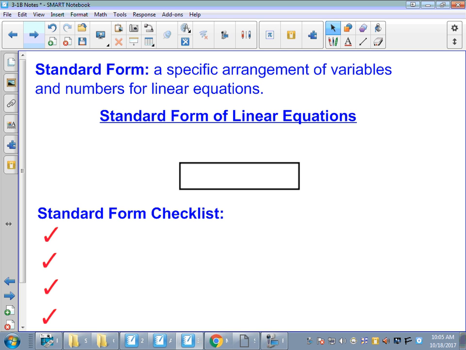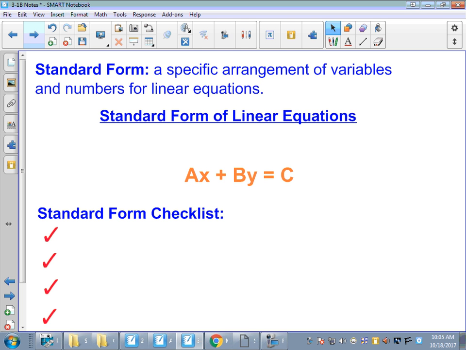So standard is just a set of rules, a certain way to write the variables and the numbers of a linear equation. And for a line, it's the form ax plus by equal to c. So it's just an order. Okay, now just because it's not in that order doesn't mean it's not a line, but we want to put it in this order, and then we know that we're talking about the same line.